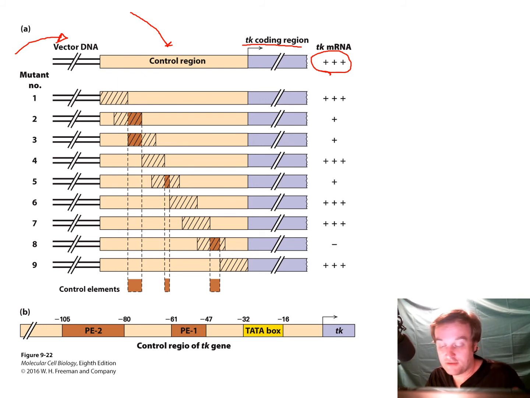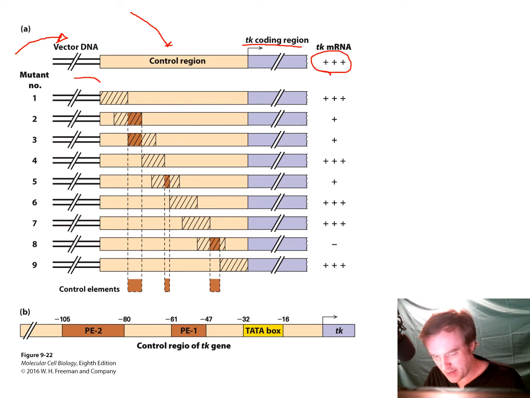So we have 3 pluses. That's our quantifying number in this case. Now, if we want to figure out what regions are responsible for controlling this expression in that control region or promoter, we can do random insertions of mutations.